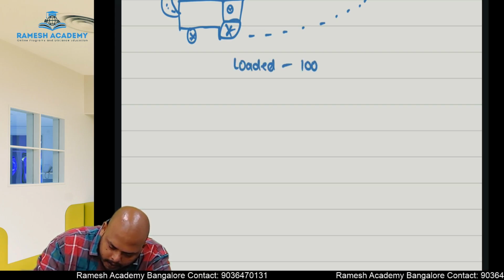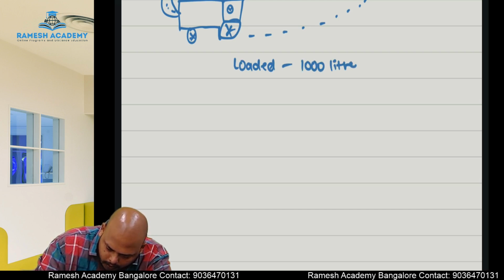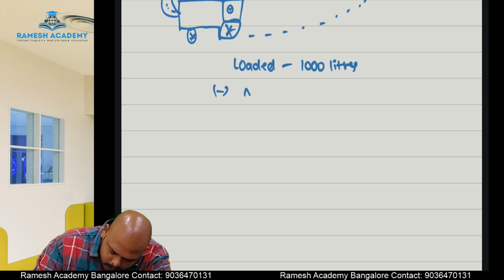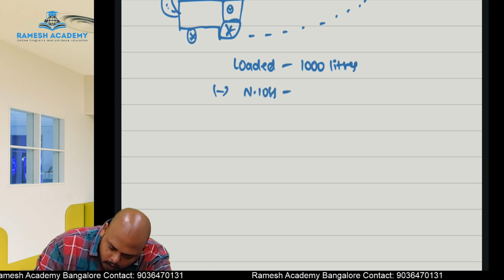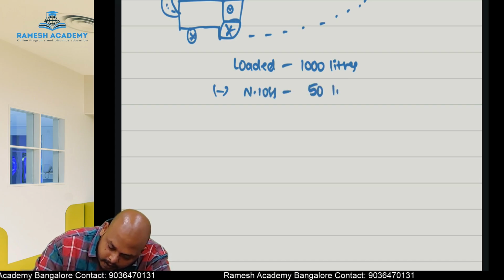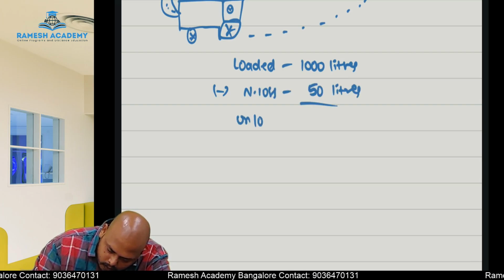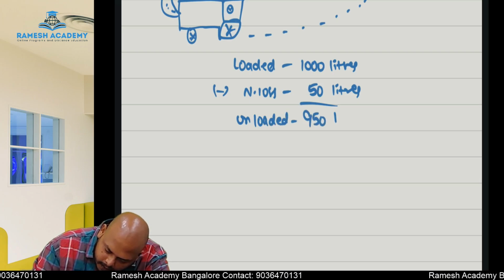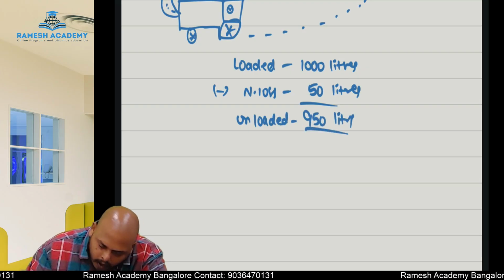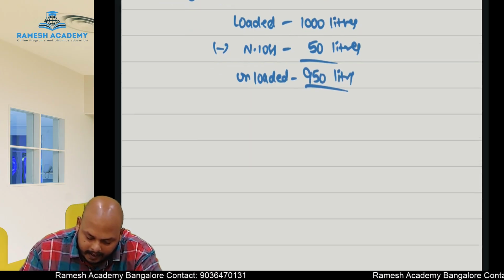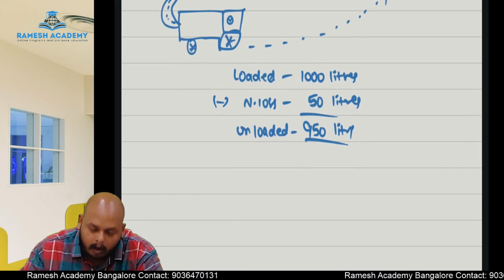Loaded is how many liters? 1000 liters, minus normal loss. How much percentage? 5%. 5% is how many liters? 50 liters. So unloaded is how much? 950 liters. Here normal loss is 50 liters.